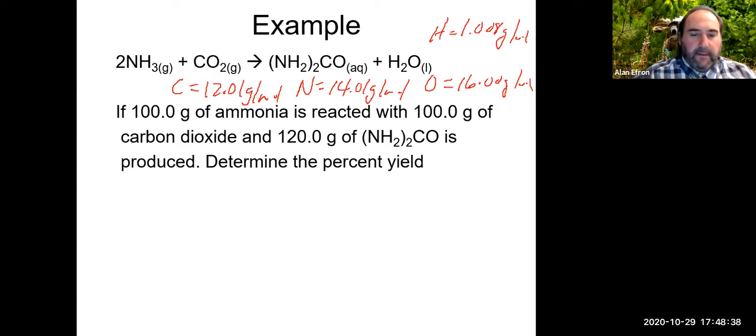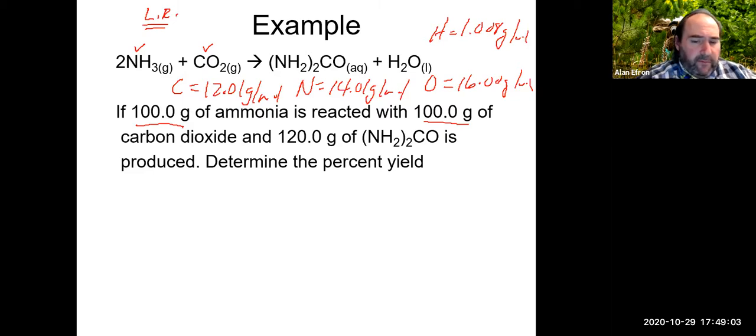Okay, so let's take a look and see how we're doing. First off, we are given 100 grams of ammonia and 100 grams of carbon dioxide. So we have the grams of both of our reactants. And obviously, if we have the grams of both our reactants, we can get to the moles of both, which automatically should tell us this is a limiting reagent type problem.